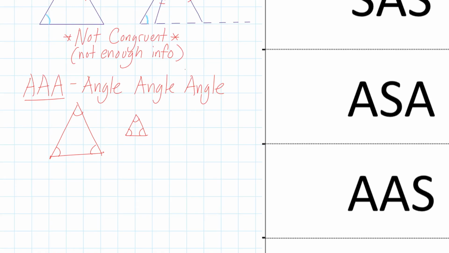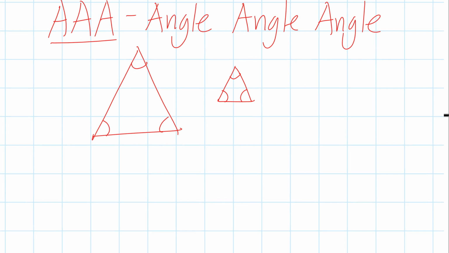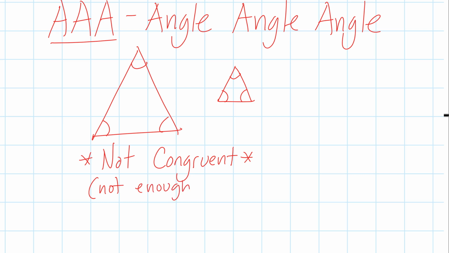So even though these two triangles are angle, angle, angle, they are not congruent. Angle, angle, angle does not prove congruence. Not enough info.